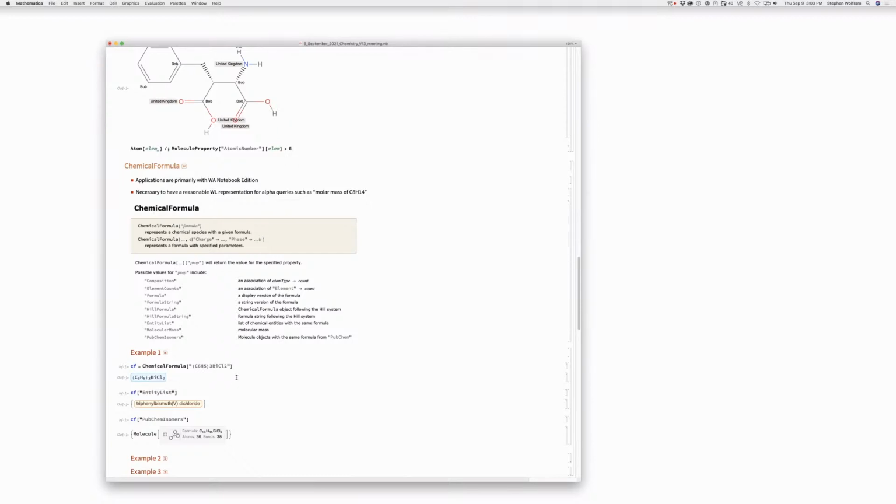But I don't understand. Normally what we see in a textbook is a chemical formula, and there are multiple molecules that might match. Absolutely. What I'm saying is, how do you enter a chemical formula?